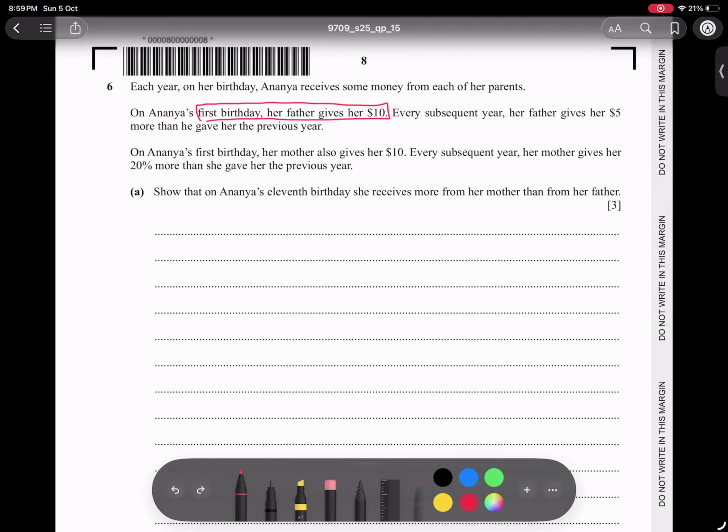Whenever a fixed amount increases or decreases, this is called arithmetic progression. So I will make it two portions. First I talk about AP. So father is AP.